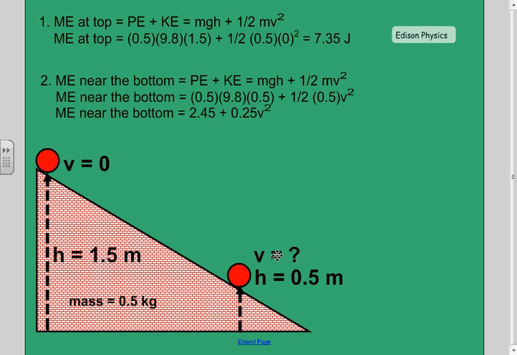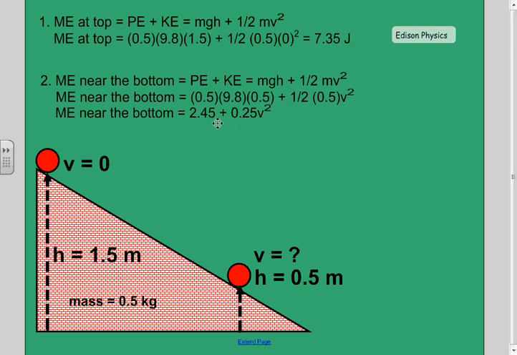V is my variable in this problem. V is what I want to know. So that just stays and carries along. I multiply 0.5 times 9.8 times 0.5. I end up with 2.45 joules for my PE, plus half of 0.5 is 0.25 v squared.